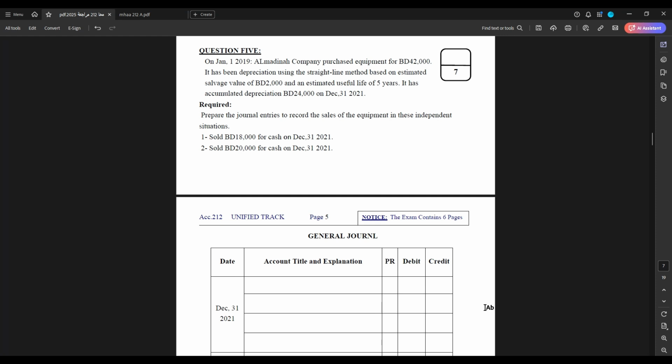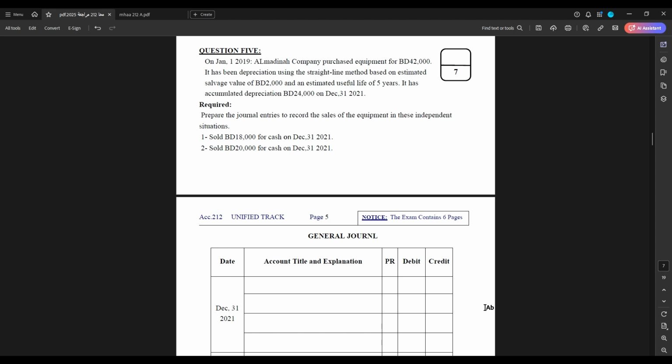Question 5 says, on January 1st, 2019, Al-Madina company purchased equipment for 42,000. It has been depreciated using the straight line method based on estimated salvage value of 2,000 and an estimated useful life of 5 years.